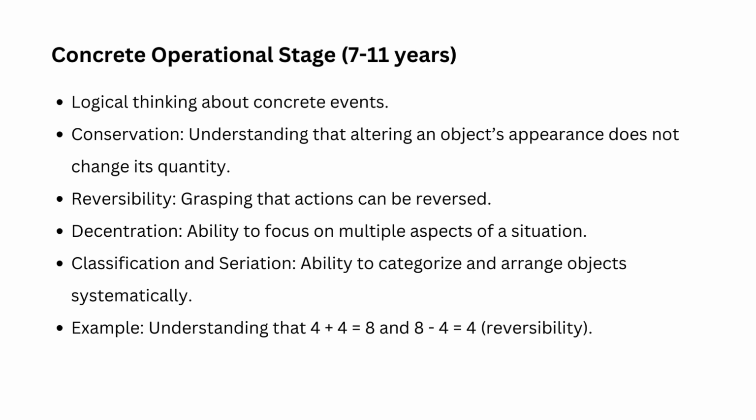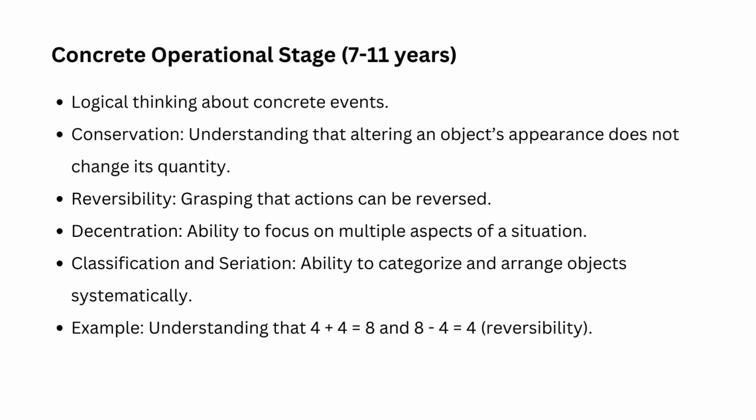Now, children at this stage also learn to classify objects by multiple categories and arrange them in order by size, length, and other criteria. They develop skills for hierarchical classification, understanding the concept of subclasses and class inclusion. For example, dogs and cats are different kinds of animals.